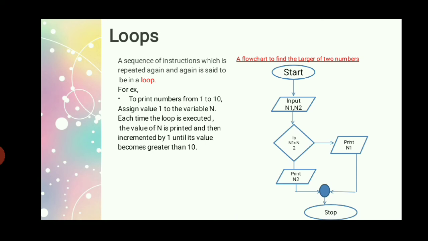Now my value will become 1 plus 1 is 2, 2 plus 1 is 3, 3 plus 1 is 4, like that. Incrementing means adding 1 to the present value, so I'm incrementing that variable n each time by 1, like 1, then 2, then 3, then 4, then 5, then 6. So one instruction can perform this. You do not have to write 10 lines for this.